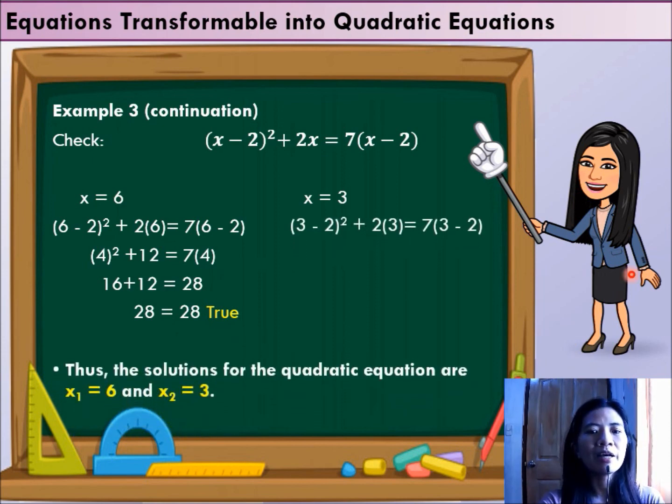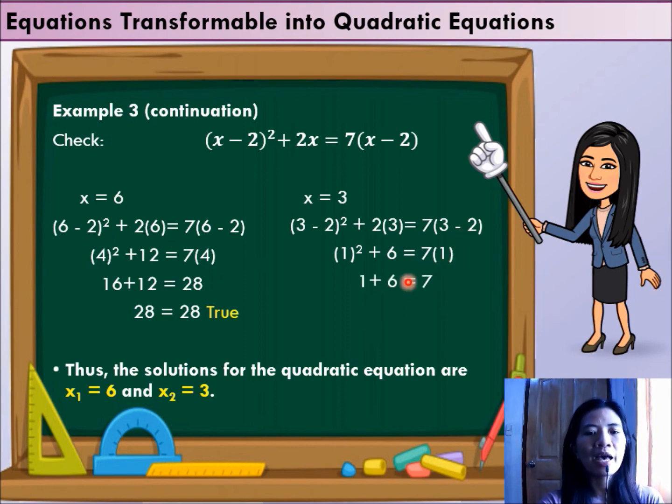Now let's have the other one, which is x equals 3. We have (3 - 2) squared plus 2 times 3 equals 7 times (3 - 2). Again, we simplify. 3 minus 2 equals 1 squared, plus 2 times 3 is 6, equals 3 minus 2 is 1, times 7.